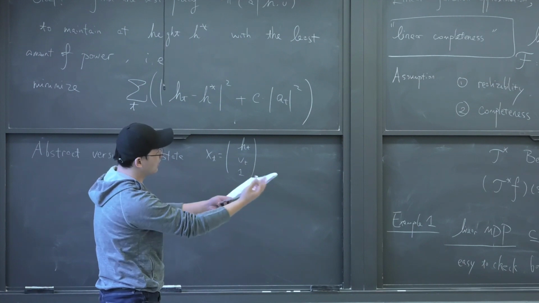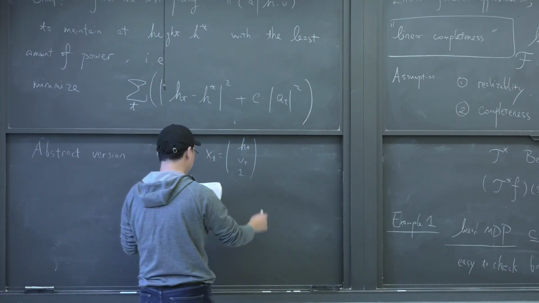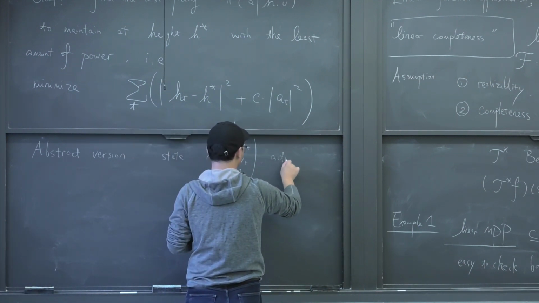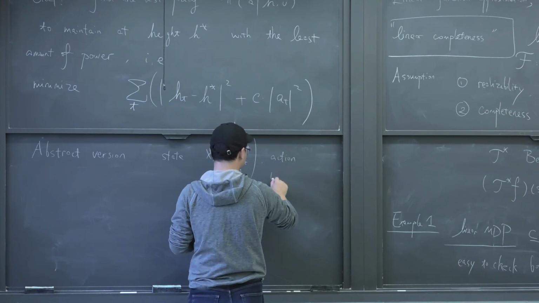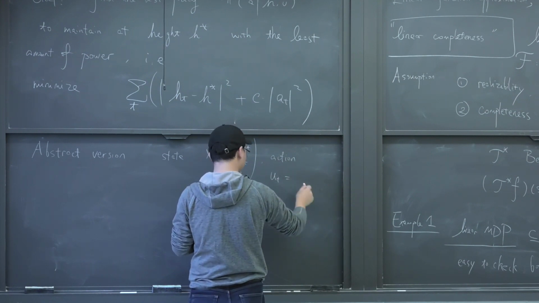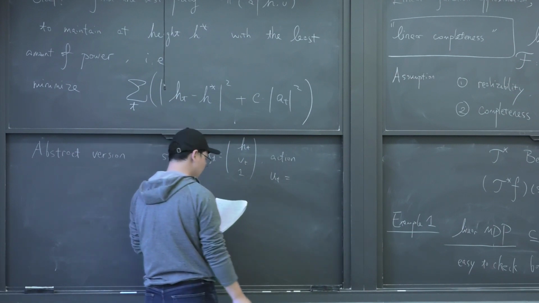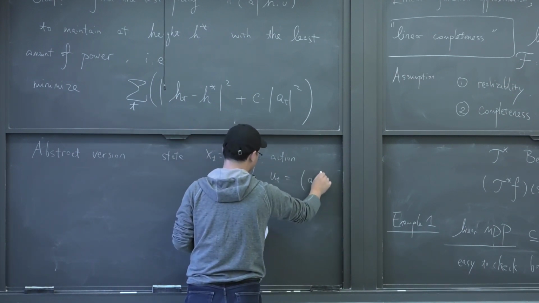This is essentially all the states we have for this LQR problem. And we also have action. In this case, we can choose the acceleration or the force, which we use ut to denote as the action, which in this case is just at.